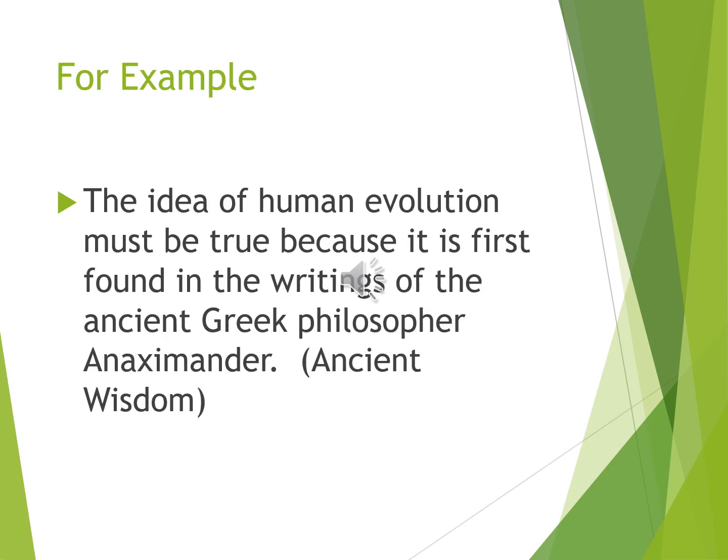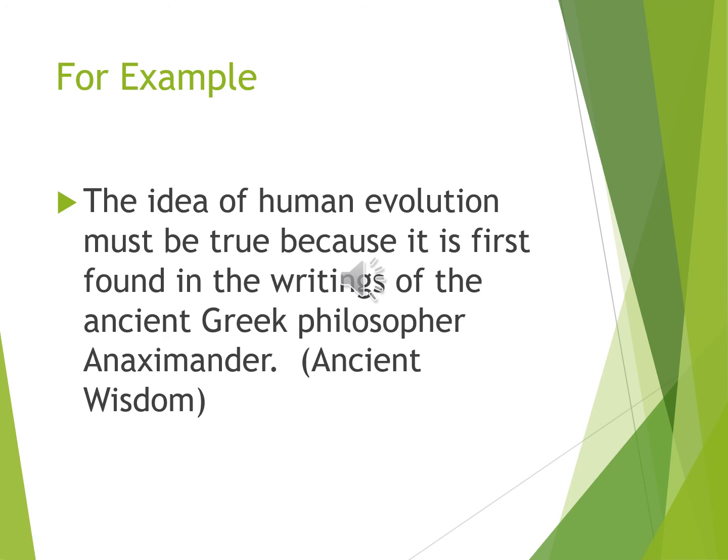So here's an example of a genetic fallacy being used to try to support an idea. The idea of human evolution must be true because it is first found in the writings of the ancient Greek philosopher Anaximander. Now, whether or not human evolution is true depends not on who thought of it or where the idea came from.